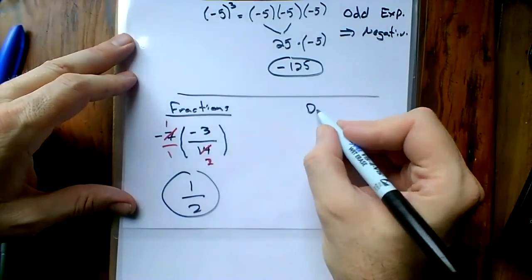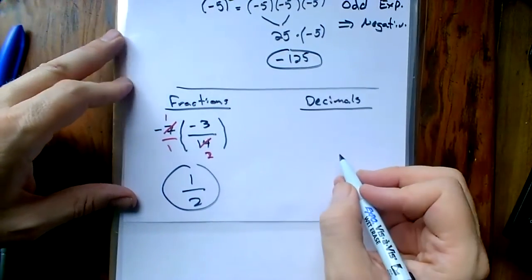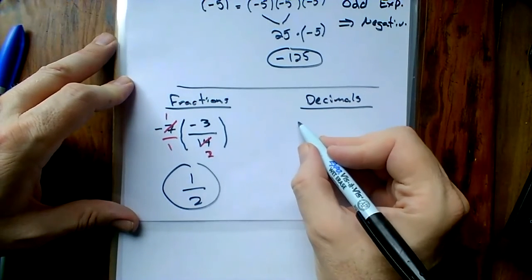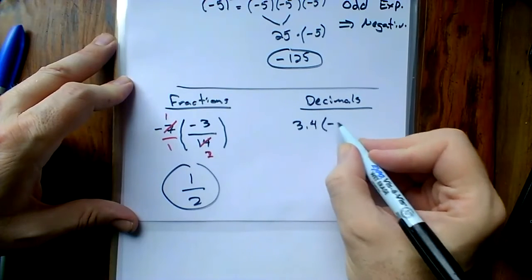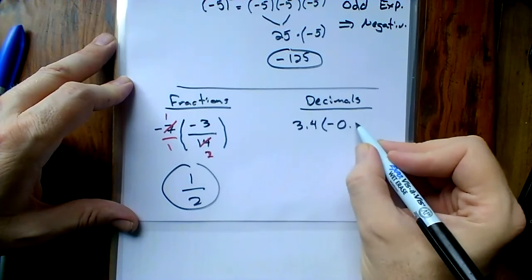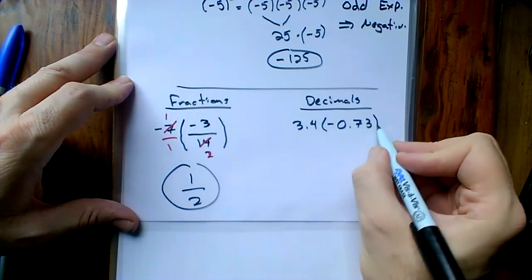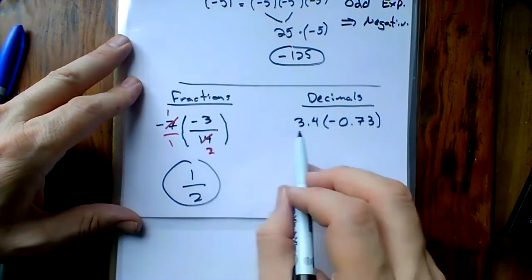With decimals, the same rules also apply. So if I've got something like 3.4 times negative 0.73, you're going to multiply these like you would any normal decimal.